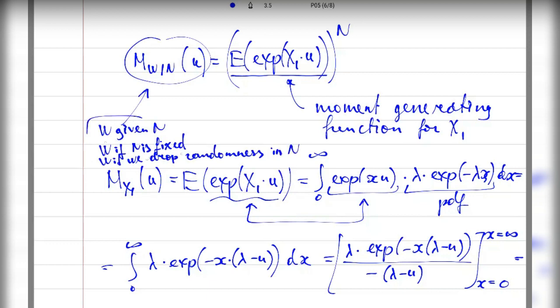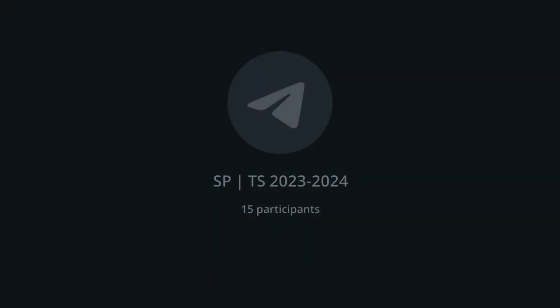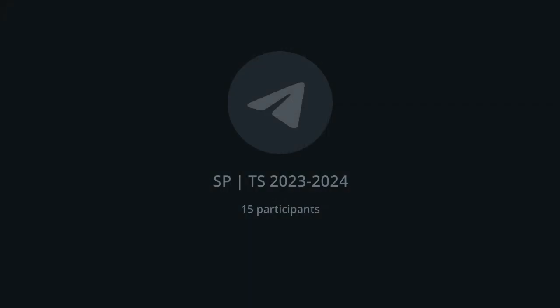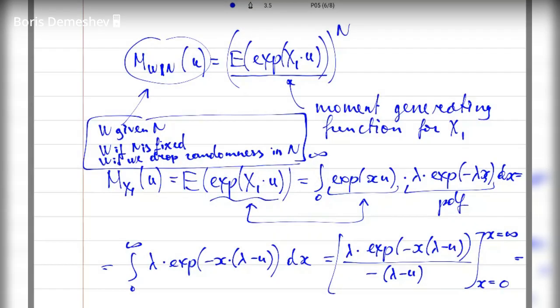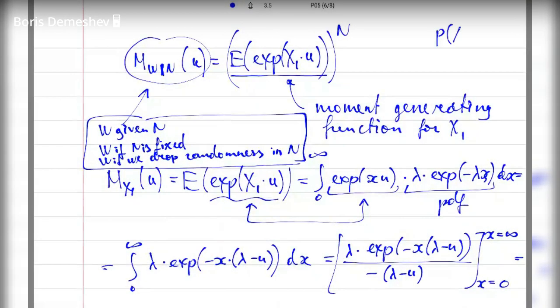I see. I was thinking maybe it was some kind of letter, but that's just a vertical bar. Ah, like in conditional expected value, P of A given B. I see. That's a vertical bar, not the letter I.